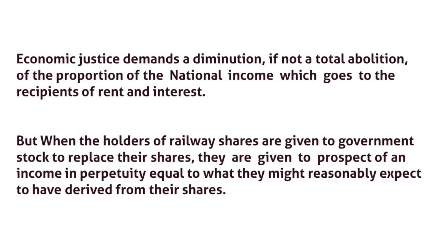Statement 1: Economic justice demands a diminution, if not a total abolition, of the proportion of the national income which goes to the recipients of rent and interest. Statement 2: But when the holders of railway shares are given government stock to replace their shares, they are given the prospects of an income in perpetuity equal to what they might reasonably expect to have derived from their shares.